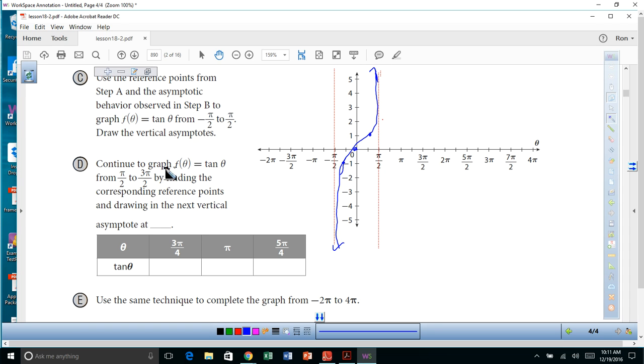Okay. It says continue the graph from pi over 2 to 3 pi over 2. And again, we have reference points here, here, and here. And that's going to be 5 pi over 4, and that's going to be 3 pi over 4.